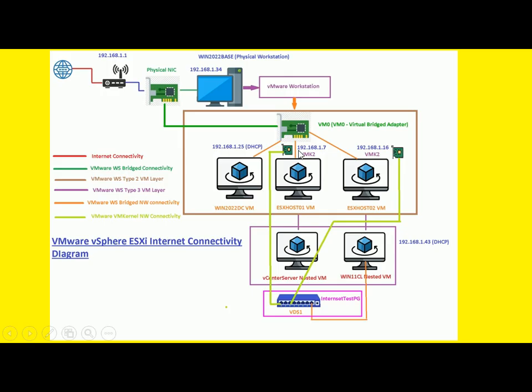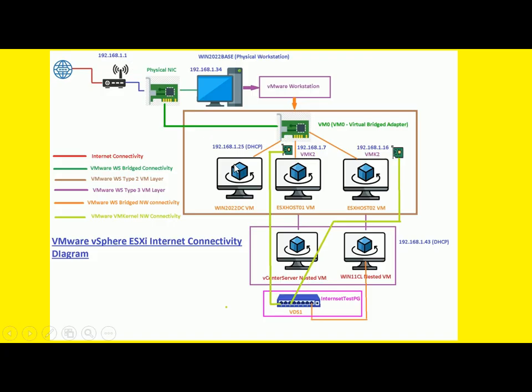Now I have created one VM0 virtual bridge adapter through my VMware Workstation, and I have added that VM0 virtual bridge adapter to all three VMs, 1, 2, 3. I have given IPs also: 192.168.1.25, 1.7 and 1.16. Why the same range? Because my internet ISP router also has the same range.